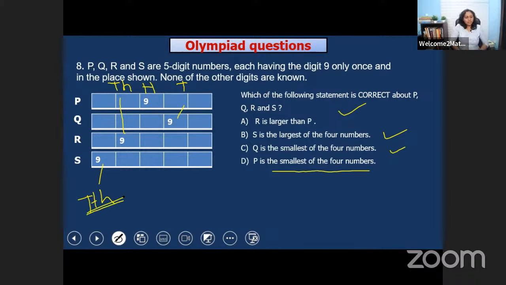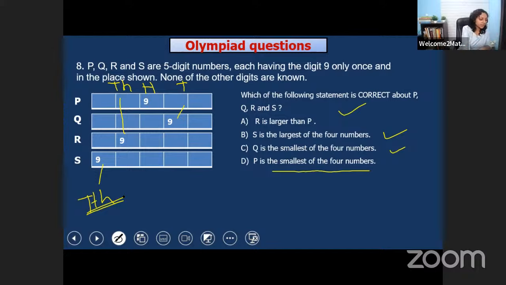So, can you tell me which would be the right one? Option D. P is the smallest of the 4 numbers? No. How can you tell this? We cannot tell P is the smallest because in number P, 9 is at the hundreds place.